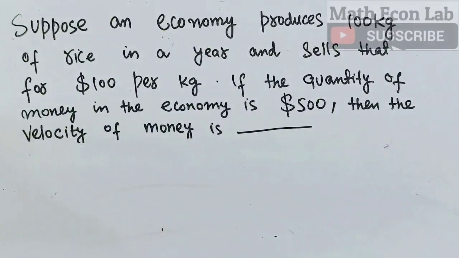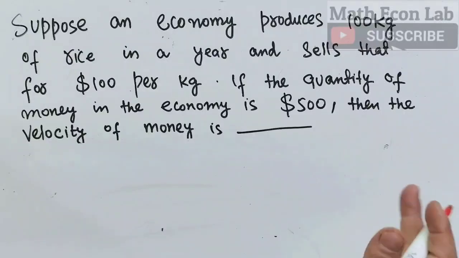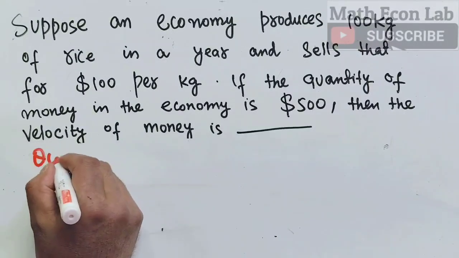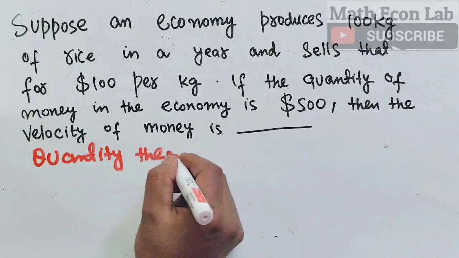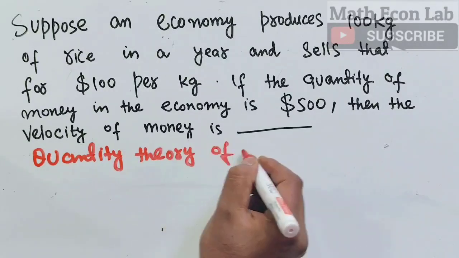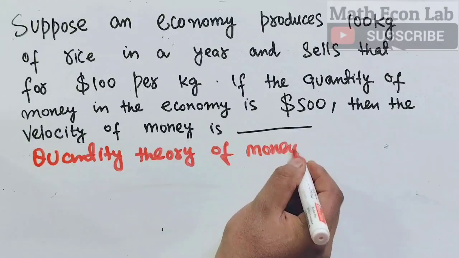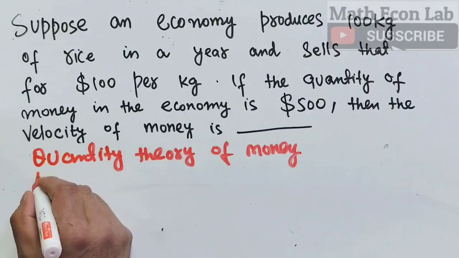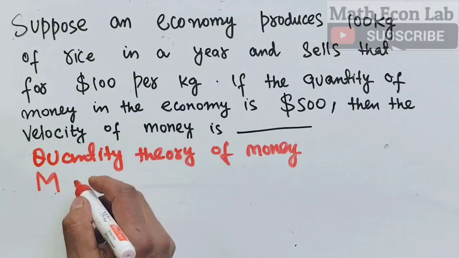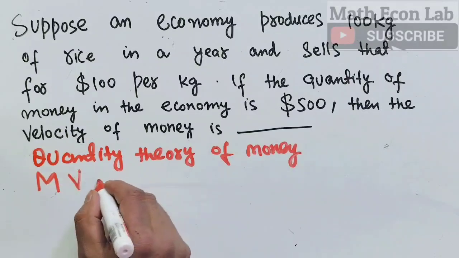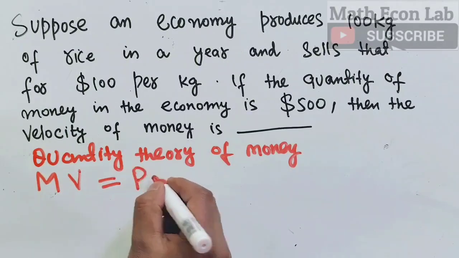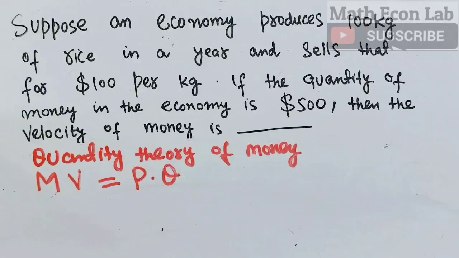To find out the velocity of money, we use the quantity theory of money. According to the quantity theory of money, money supply times velocity of money is equal to price level times the GDP.